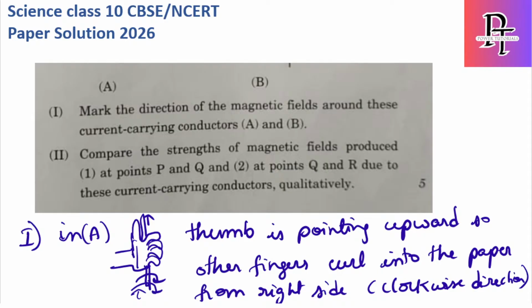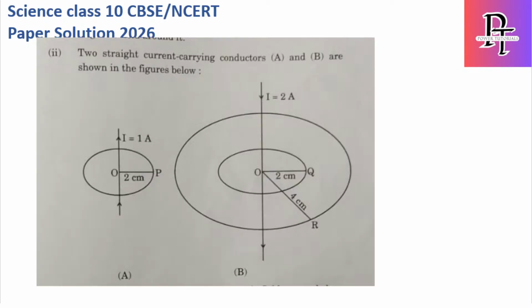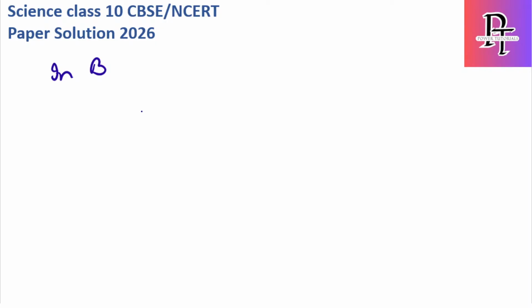Okay, what about B? The current is directed downward. So now the thumb is downward, and the rest of the fingers are curling to this end. Okay, and this is the wire.